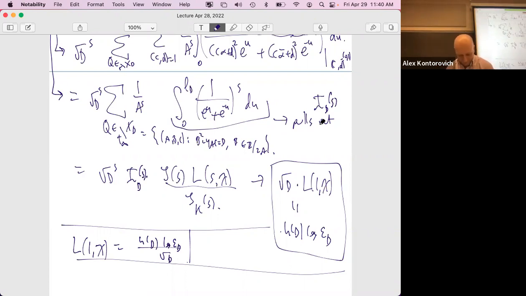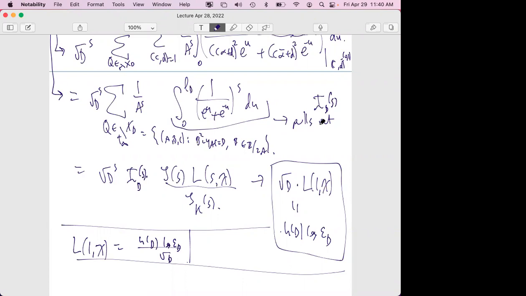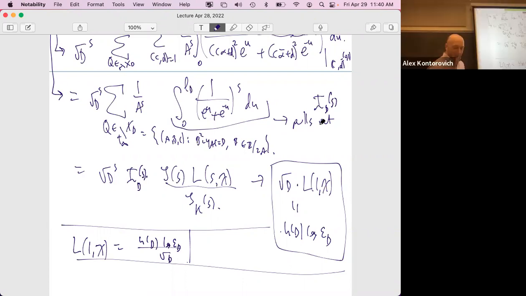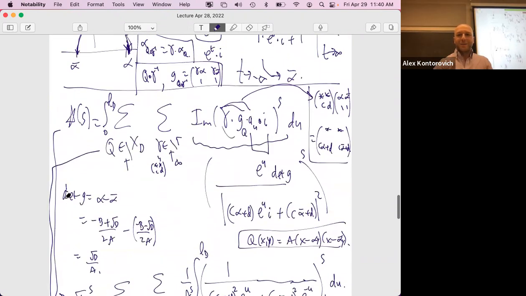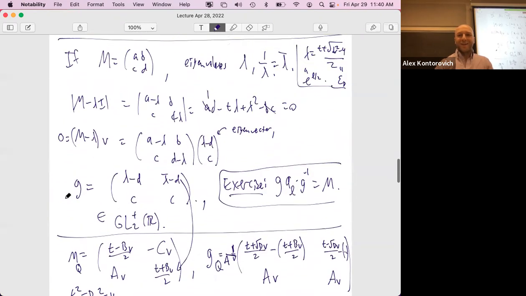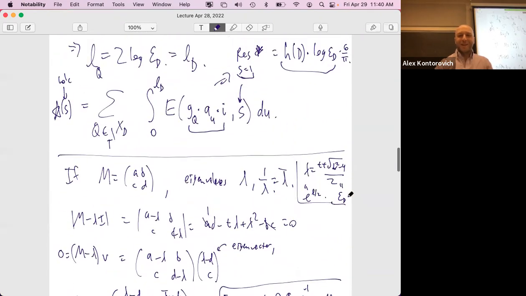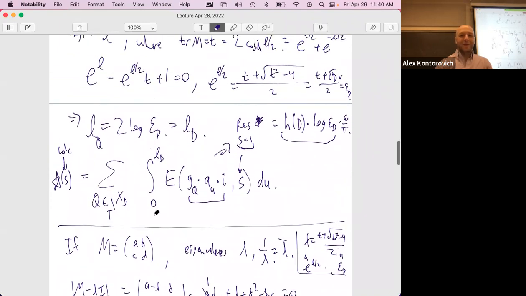Let's see. I made little sketches to myself for how this should go. There's no expression for L. There is L_D, but we don't want it. I mean, we know what L_D is. L_D is right here. L_D is 2 log epsilon_D. It's exactly where this came from.